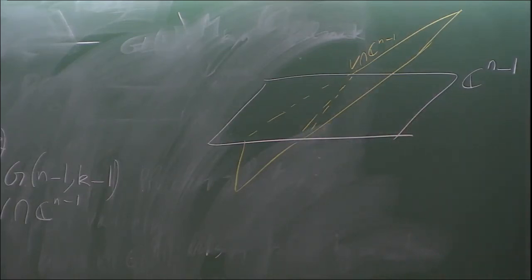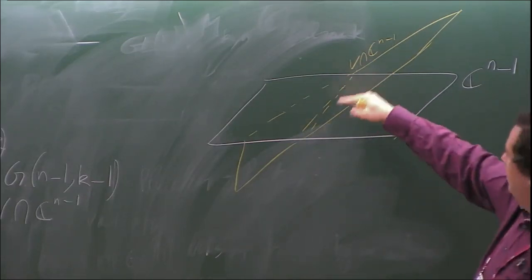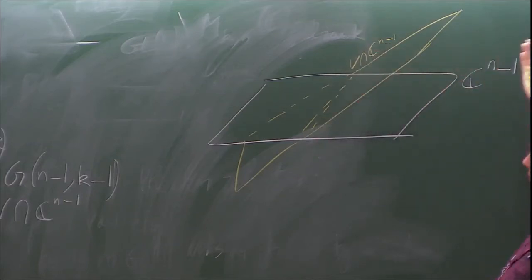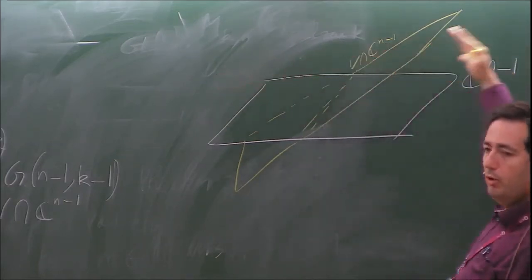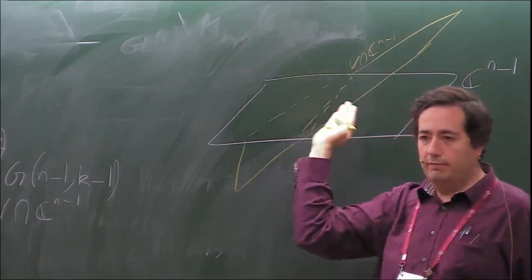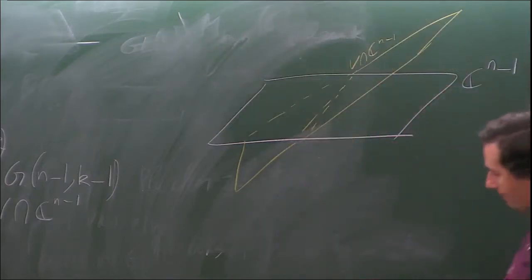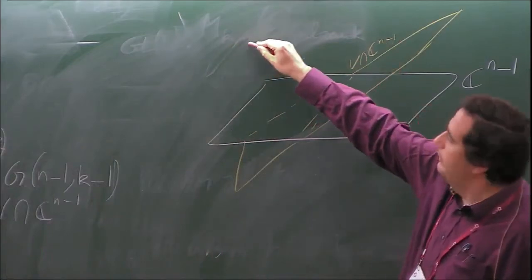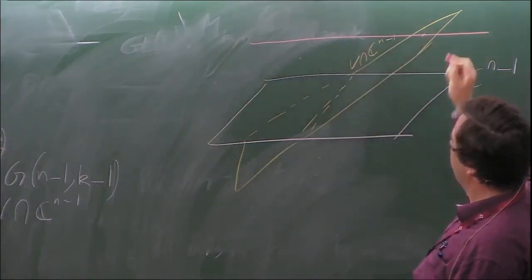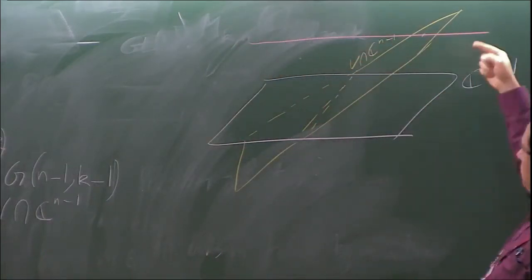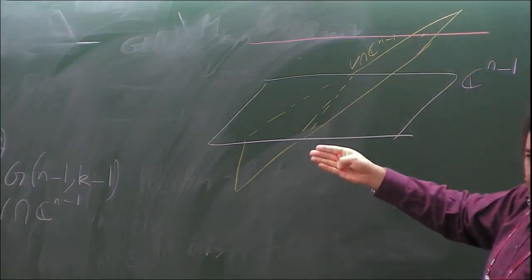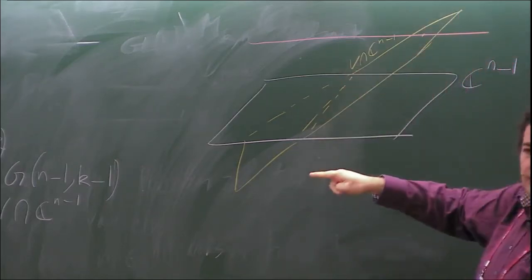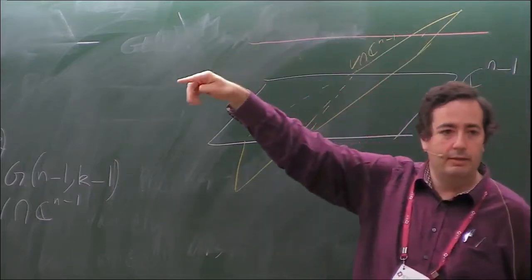Now, what is the fiber? The fiber above this point is the thing which parameterizes all the yellow things which have the same intersection. And I affirm to you, and it's not so difficult, that if you take a line which is generic enough here, the yellow space, once you know the intersection, is parameterized by this line. You all see that, right?